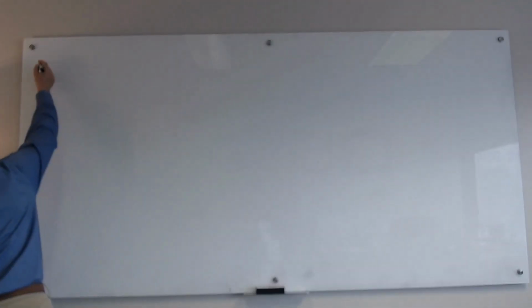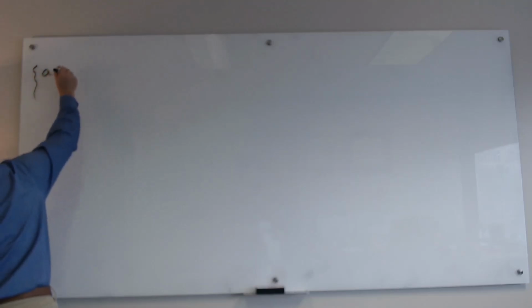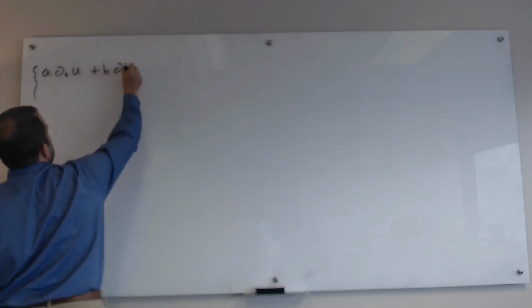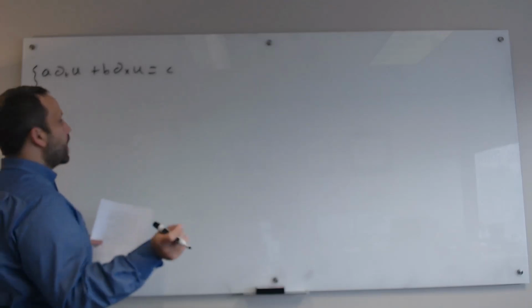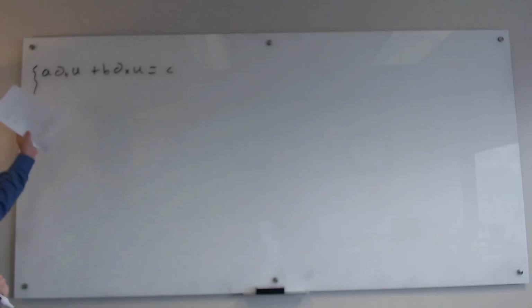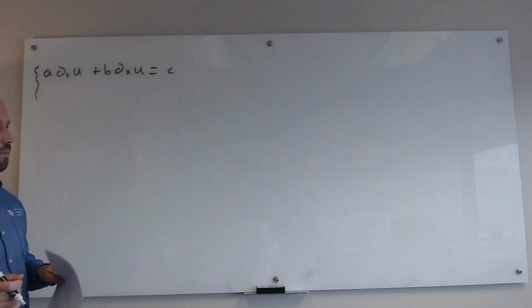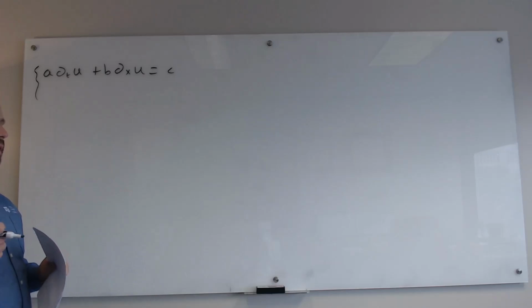But we have this problem here. We have a times the t derivative of u plus b times the x derivative of u is equal to c. And c is allowed to depend on x and t and u. A and b can only depend on x and t. In other words, a and b do not depend on u. Now, I have been calling these linear, and I will continue to call these linear.